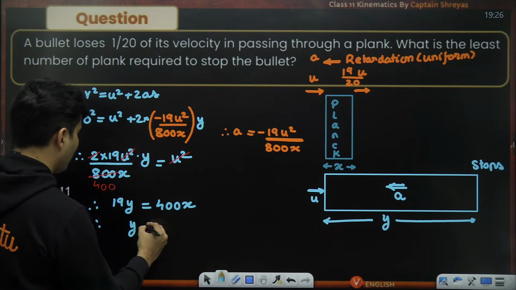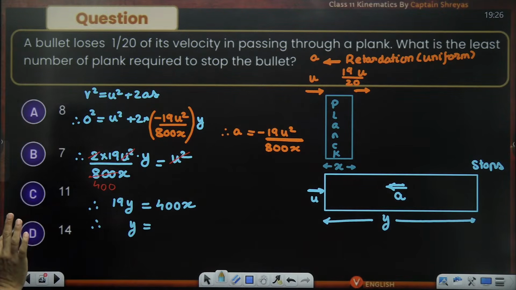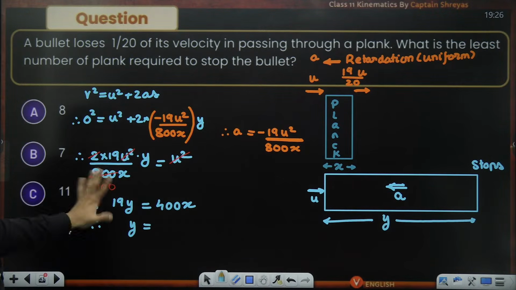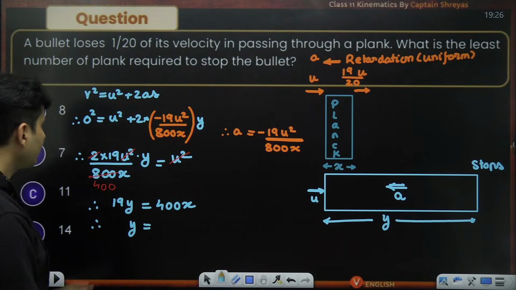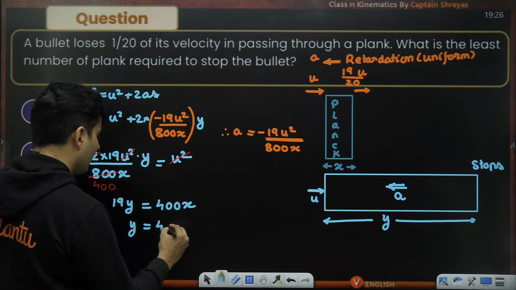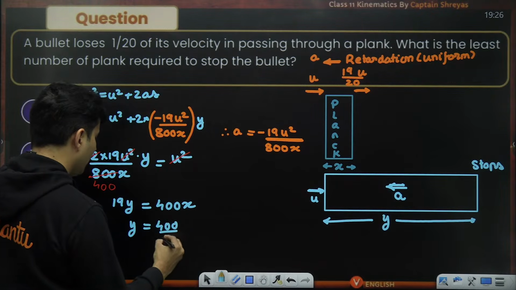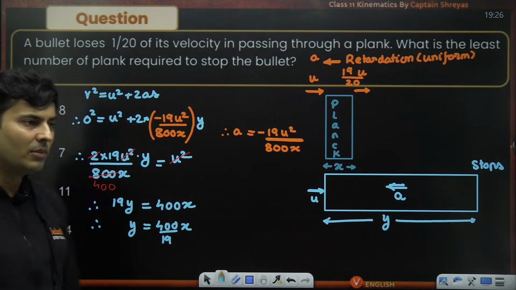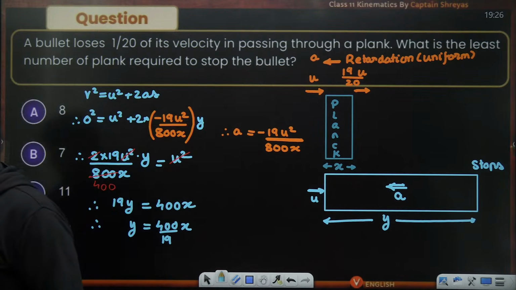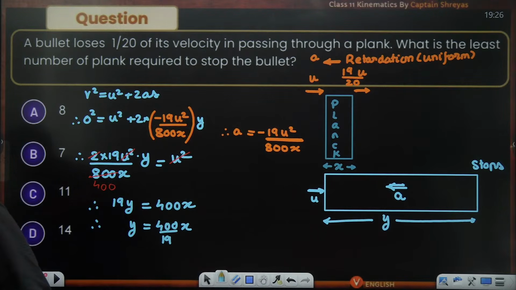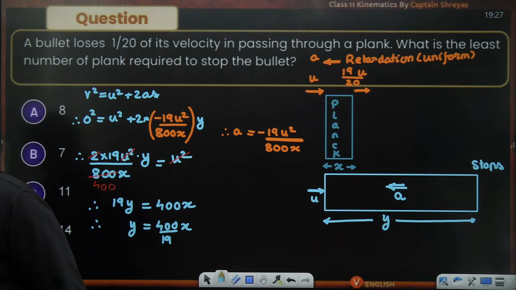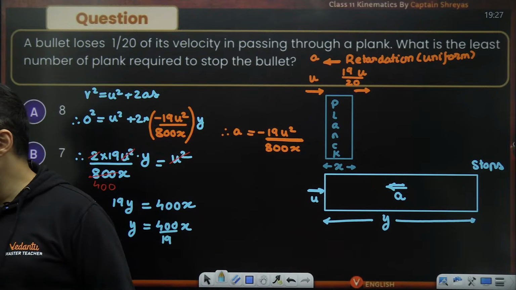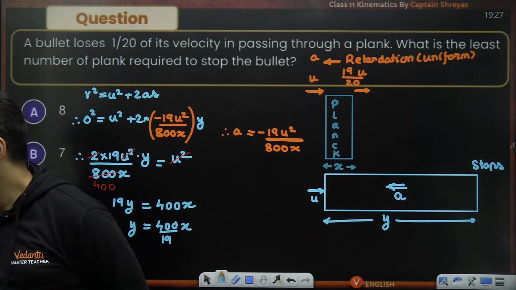So therefore y will be equal to, just check it out, everybody is able to see this, 400 divided by 19 times x. What is this number going to be approximately? 400 divided by 19. Come on, my dear students. If you divide 400 by 19, how much are you going to get? Approximately close enough to 21. Close enough to 21 point something you are going to get, yes or no?